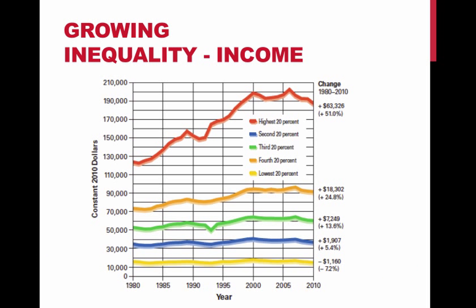We can see how there's actually growing inequality between these groups and these families over time. So from 1980 to 2010, we've actually seen the gap grow between the richest portion of the population and the lowest earning portion of the population. This has been a trend that's been going on now for 30 years, with those who make more continuing to make more, and actually making more today than they did in the 1980s.